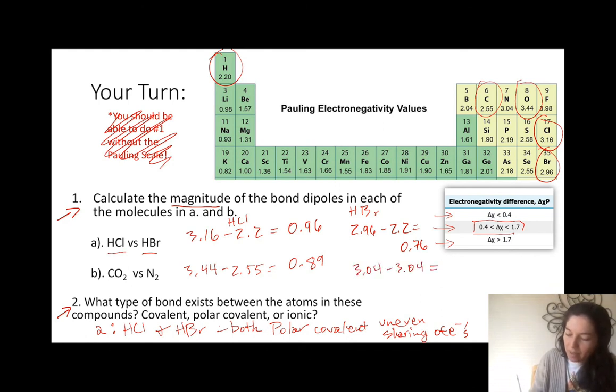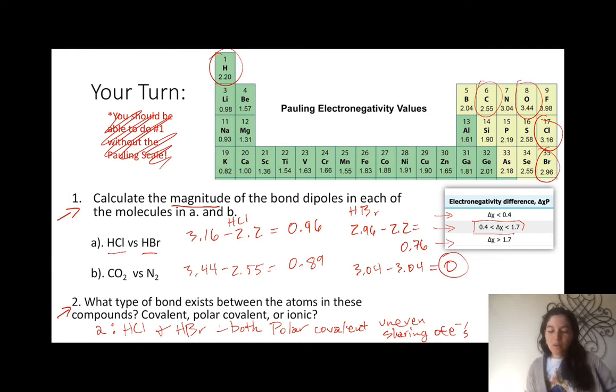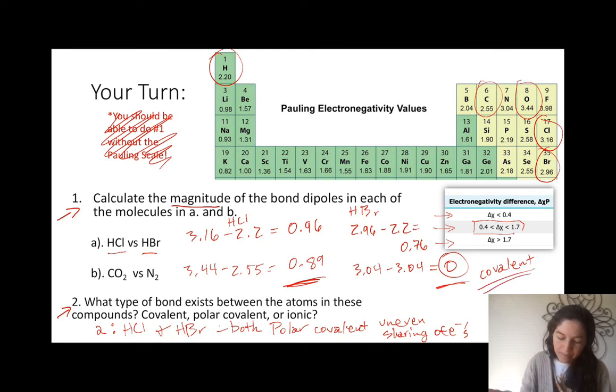It gives us a whopping 0. Okay, so this is also polar covalent here, and this is going to be covalent or nonpolar covalent. And this one is polar covalent. So that's how you would answer these two problems here.